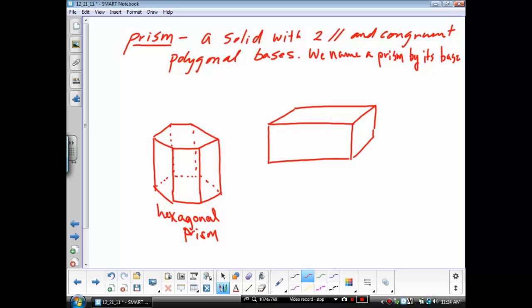And again, if you want to make it look three-dimensional, you can draw the edges that you cannot see because they are behind with a dotted line. I have to come this way, I think, to draw that dotted line.